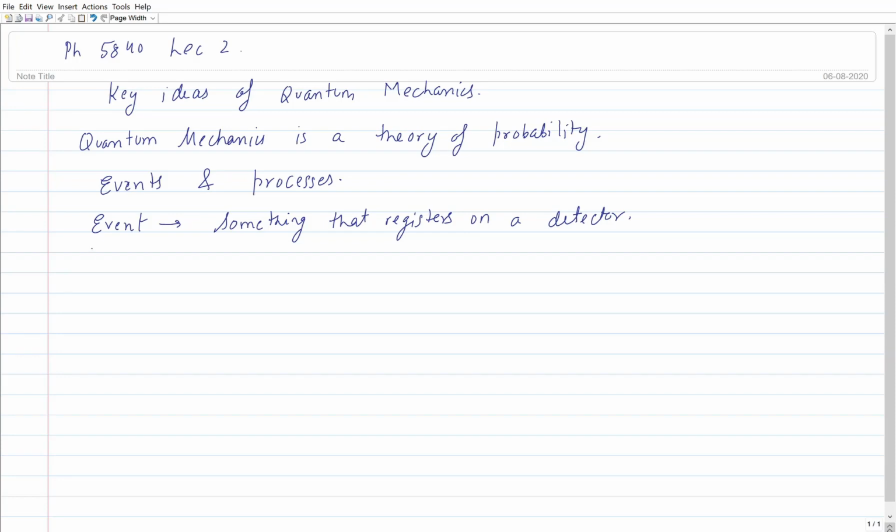And what is the process? A process is the way or alternative by which the event happens.